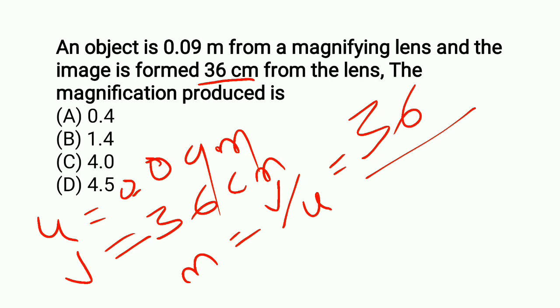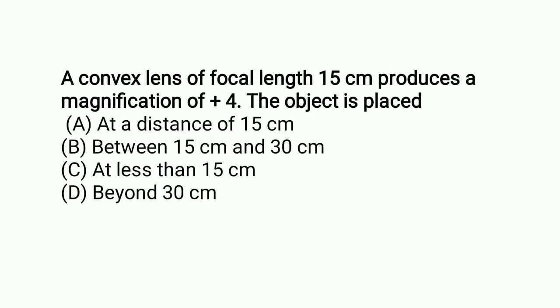Now convert 0.09 meter into centimeter, because we have the other value in centimeter. If you convert, you will get 9. So simplify this, and you will get 4. So the magnification is 4. Here in the options we have option C, 4.0. So the correct answer is option C, 4.0.